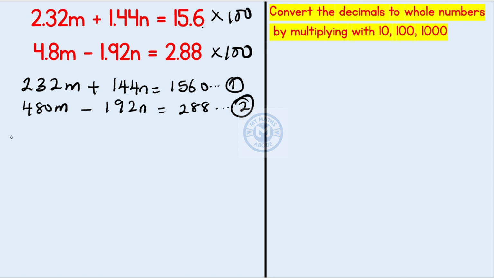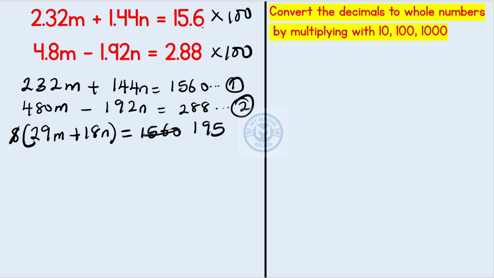So for equation 1, I investigated and they have common factor 8. So factorizing 8 will give me 29m plus 18n equal to 1560 divided by 8, which gives me 195.